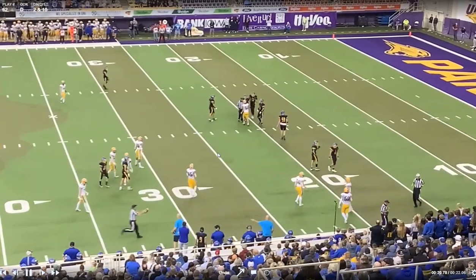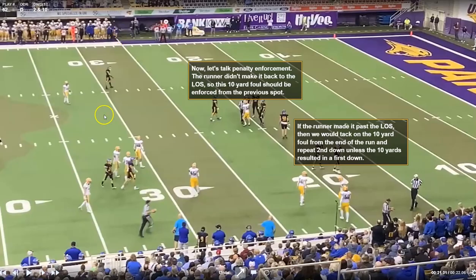Well, it depends. In this case, the runner did not make it back to line of scrimmage. So the basic spot on a running play that ends up behind the line of scrimmage is the previous spot. So we would enforce this 10-yard foul from the previous spot 10 yards forward. Okay?